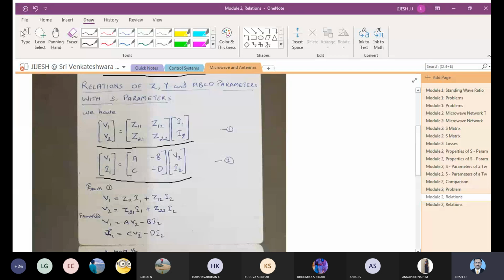This is the same thing you studied in third semester in network theory. Network analysis you have studied with respect to Z, Y, ABCD parameters. Now we are interrelating them and we will see what the relation with S parameters is as well.